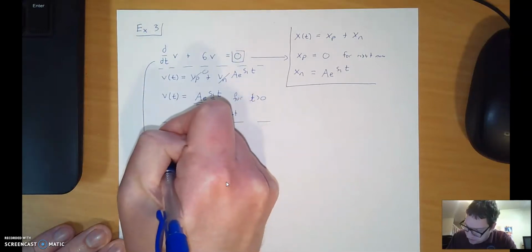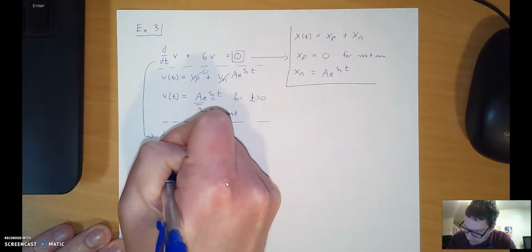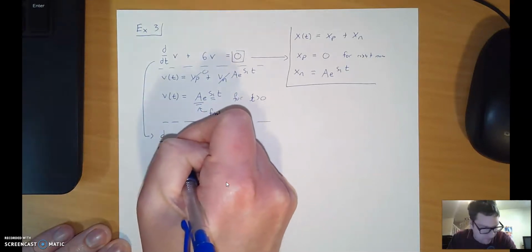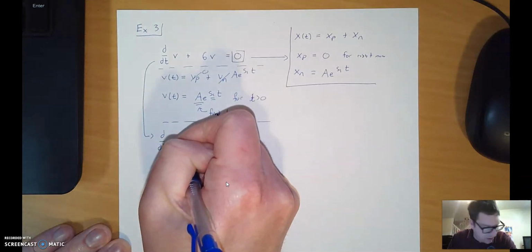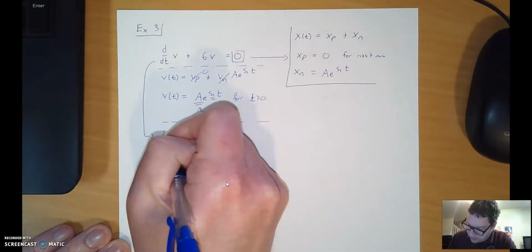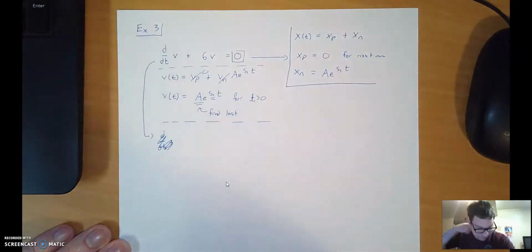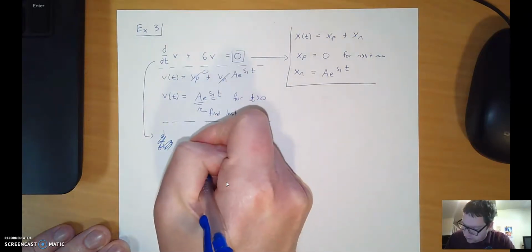We're gonna write this as d/dt. So there's a bit of a trick here. Sorry. If you look through the notes, it'll show you this.